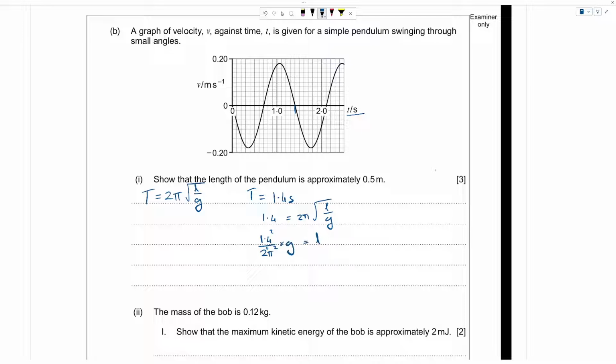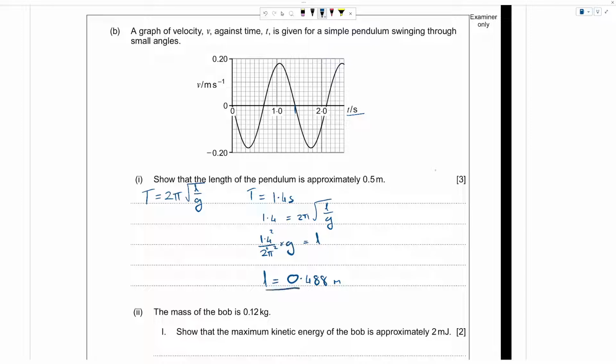And that will give me L. So therefore, let me just grab the calculator here, put everything in. Yep, so 0.488 meters, which is of course approximately 0.5.